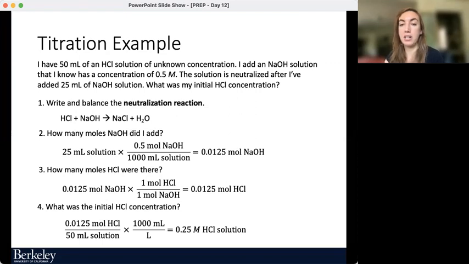So my concentration of my NaOH solution is 0.5 moles of NaOH per liter of solution. Oh, that's the formula from yesterday's homework, right? Yep. Molarity. Yeah, so that's just what molarity means. And so all I've done here is I've taken 25 times 0.5 divided by 1,000. Okay, that makes sense. Thank you. Yep.